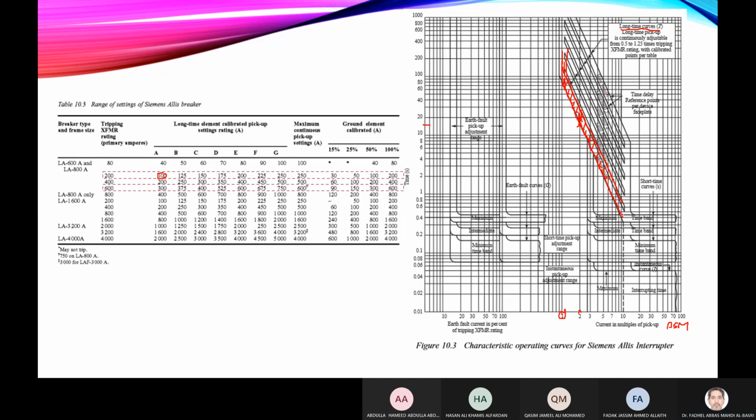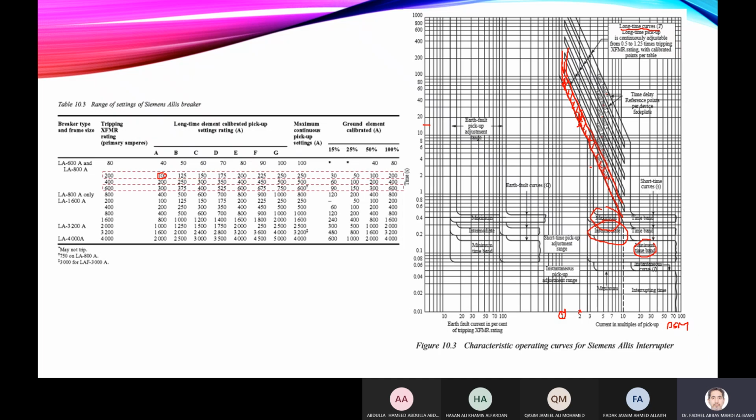Now, in addition to this long time curve, it has a short time curve, which is also shown with 3 settings: minimum, intermediate, and maximum.